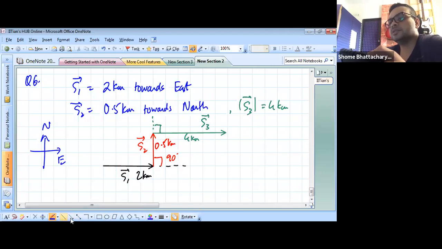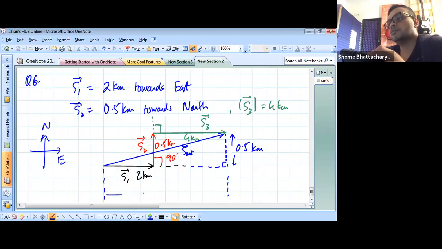Now in this diagram you can see what your net displacement is going to be. Net displacement will be this one from here to here. If you drop this perpendicular here, you can see that this length is 0.5 kilometers. It's the same as this one. Whereas this base here, this whole thing will be 2 plus 4, 6 kilometers.